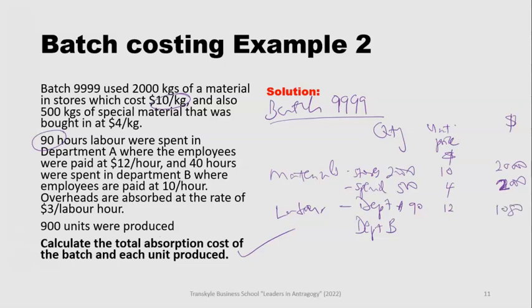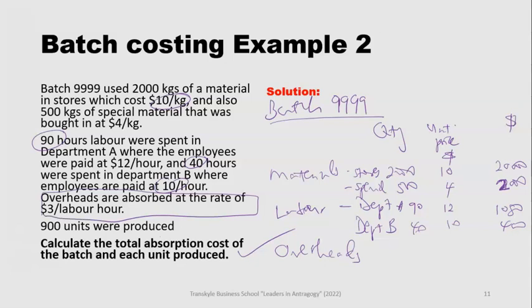Department B, how many hours do they work there? 40 hours, and $10 per hour. So we get 400. Then overhead. Please be careful about these overheads. Overhead will be absorbed at $3 per hour.